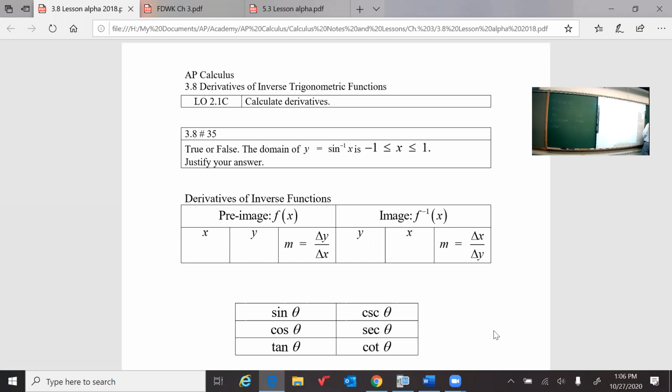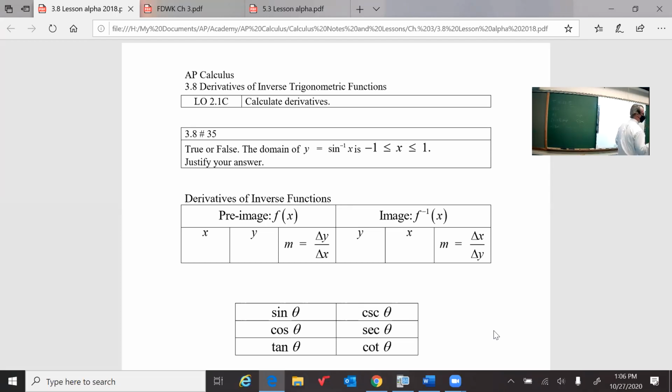The range is -1 to 1. For the inverse sine, they switch. So -1 to 1 becomes the domain, and -pi/2 to pi/2 becomes the range of the inverse function. Yes, that's stuff you did in pre-calc.